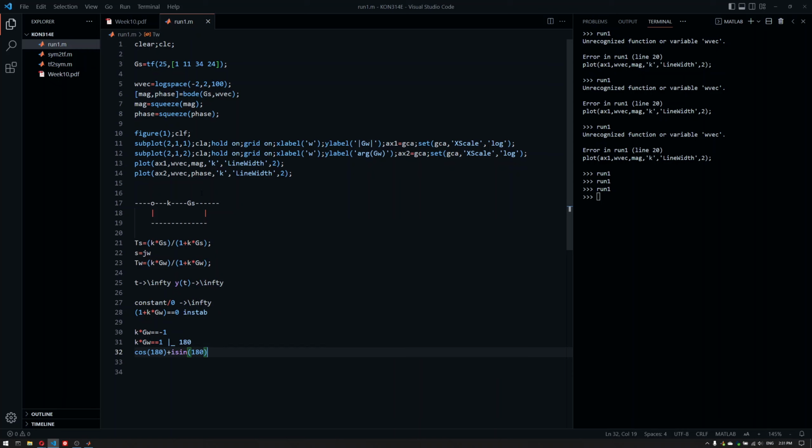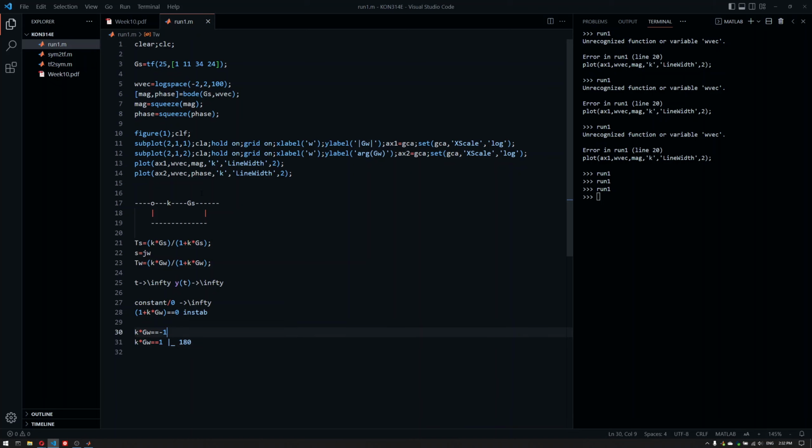You can see that the sine here will be 0 and the cosine here is -1. Therefore it is -1. I'm using the Euler identity here. This corresponds to 1 and 180 degrees, so the gain is 1 and the phase value is 180 degrees.